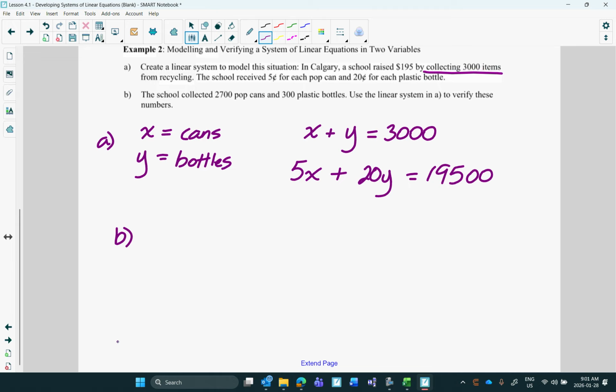I am told the potential solution: 2,700 pop cans, 300 plastic bottles. I need to check and see, is that a correct solution? In other words, does it work in both equations? First one's pretty straightforward, but does 2,700 plus 300 equal 3,000? Yeah. That's good.